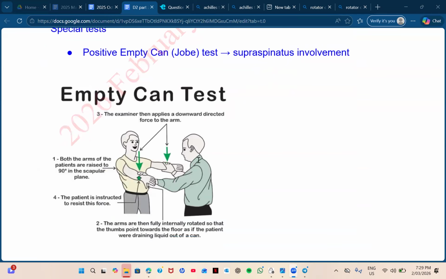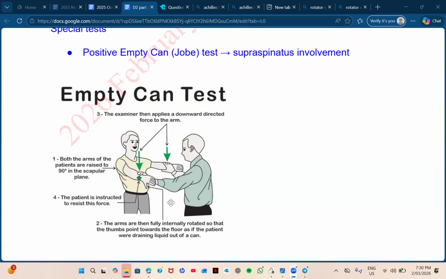What we do here is both arms of the patient are raised to 90 degrees in the scapular plane. Then the arms are fully internally rotated so that the thumbs point toward the floor, as if the patient were draining liquid out of a can. That's why we call it the empty can test.